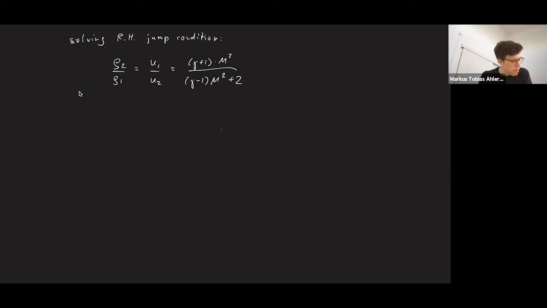And the Mach number here is defined as the ratio of the upstream velocity u1 divided by the sound speed.